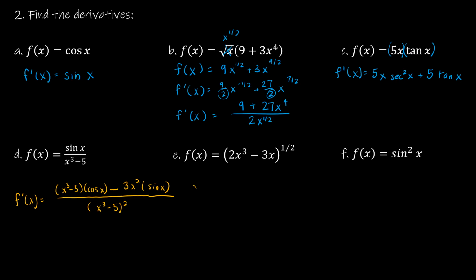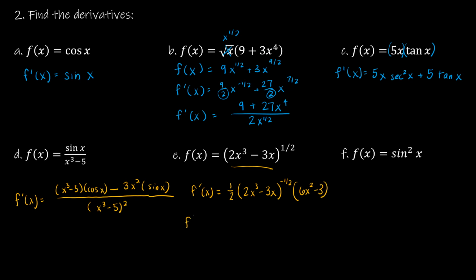For E, this is just a chain rule question. So remember, chain rule says go ahead and do the power rule. So 1/2 (2x cubed minus 3x) to the negative 1/2. And then the chain rule says now take the derivative of what's inside. So that's 6x squared minus 3.